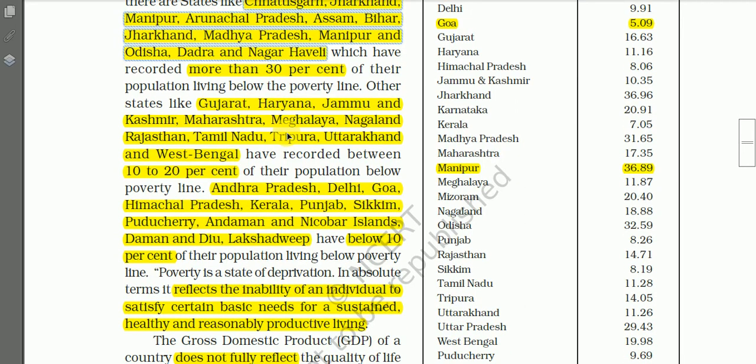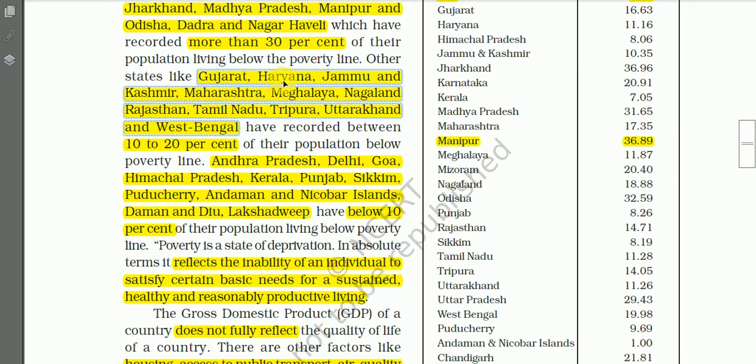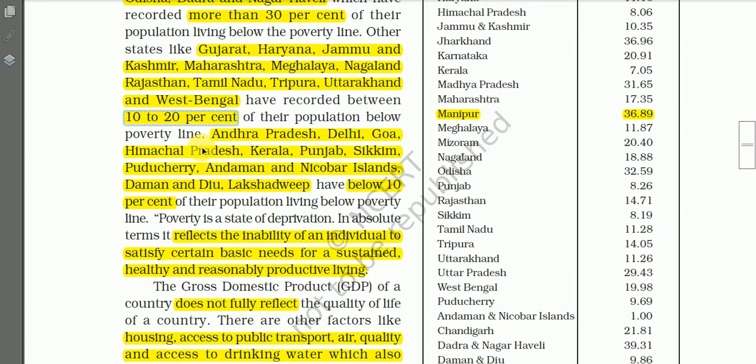Other states like Gujarat, Haryana, Jammu and Kashmir, Maharashtra, Meghalaya, Nagaland, Rajasthan, Tamil Nadu, Tripura, Uttarakhand, and West Bengal have recorded between 10 to 20% of their population below the poverty line.